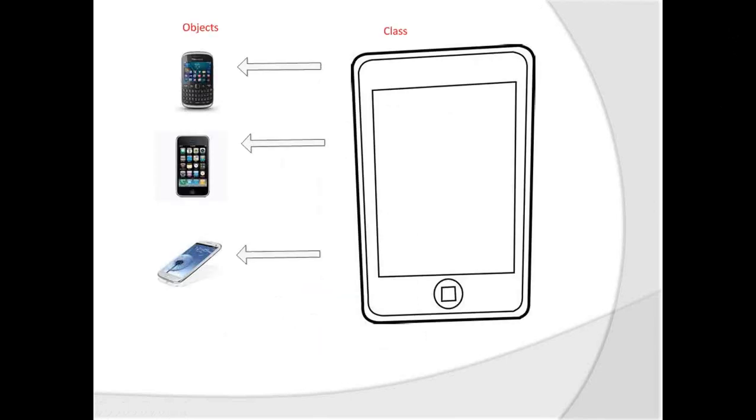So I can create multiple mobiles here based on this reference. This class is nothing but an image, and I have multiple objects, multiple mobiles, that anyone can use.